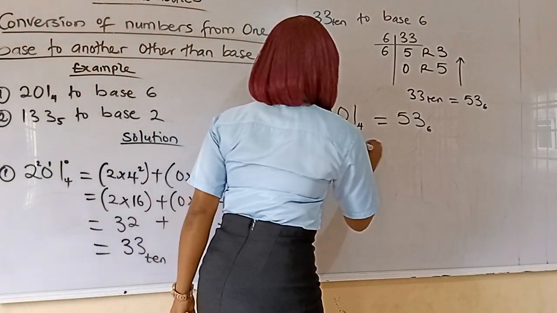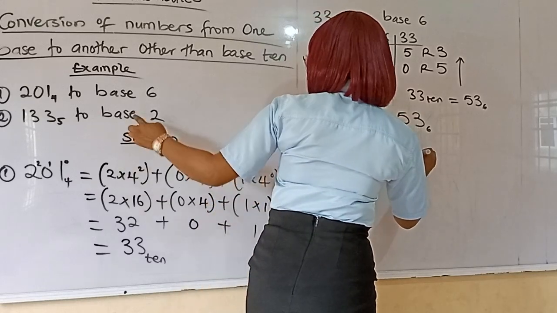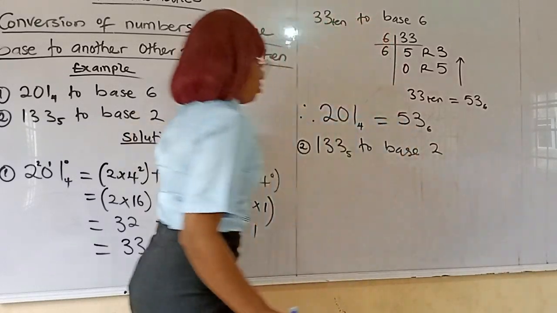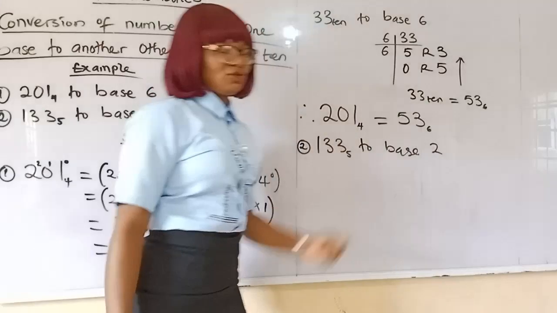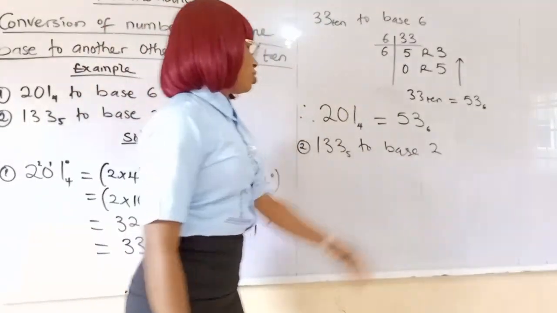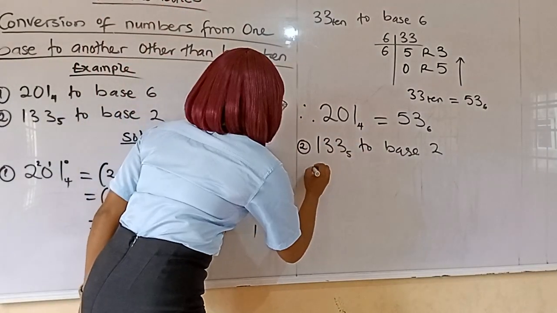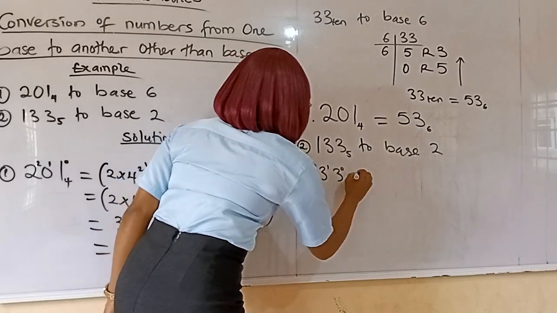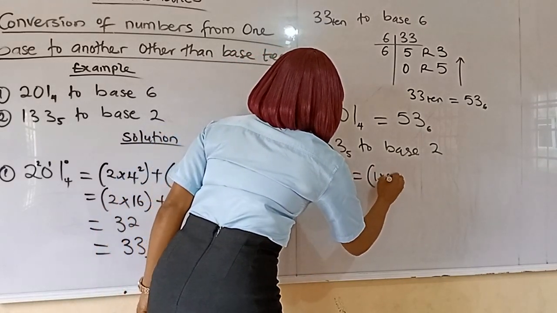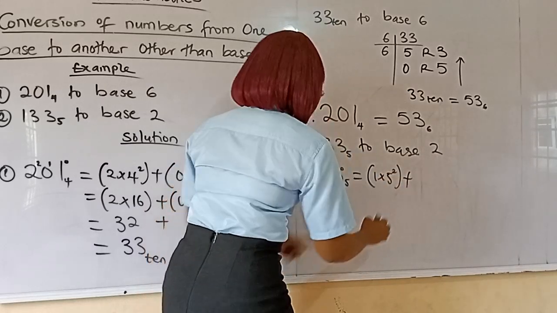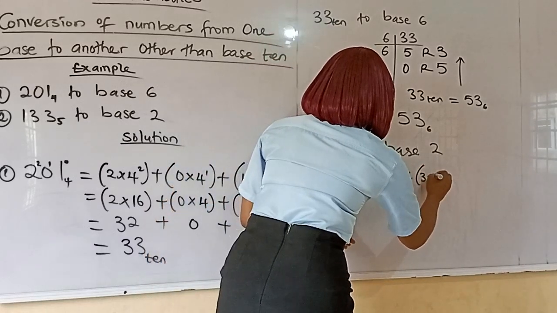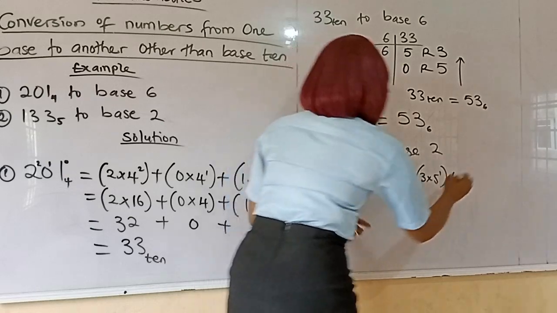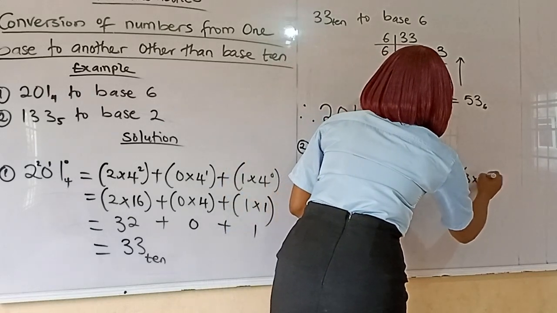We are to take that to base 2. Remember, we have to move first to base 10. From 10, we go back to the required base. So 133 base 5, with place values 0, 1, 2, is the same as 1 times 5 raised to the power of 2, plus 3 times 5 raised to the power of 1, plus 3 times 5 raised to the power of 0.